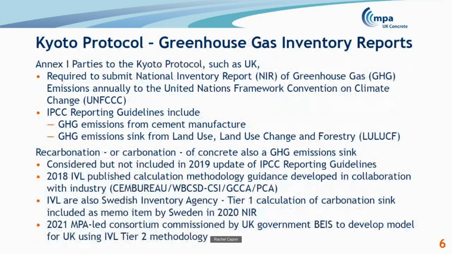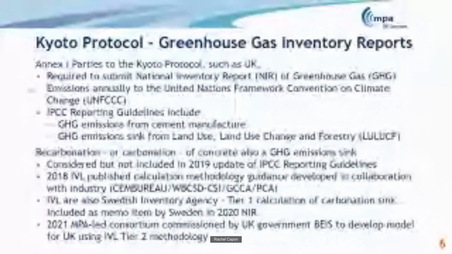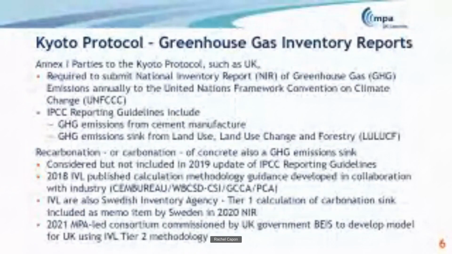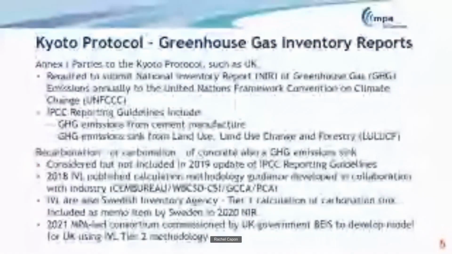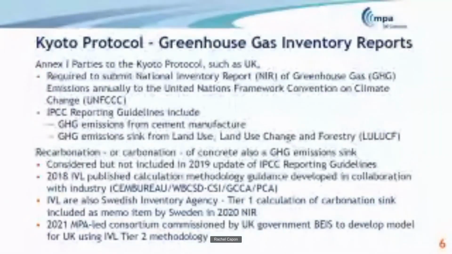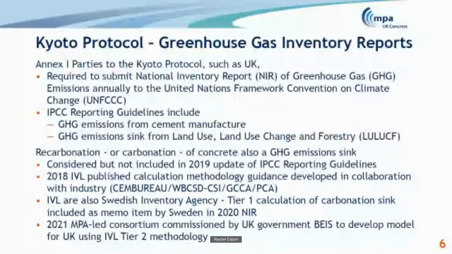So just stepping back to give an understanding of how this fits into the greenhouse gas inventory. Under the Kyoto Protocol, Annex 1 parties, so the UK is an Annex 1 party, as are developed countries, are required to submit a national inventory report of greenhouse gas emissions annually to the United Nations Framework Convention on Climate Change.